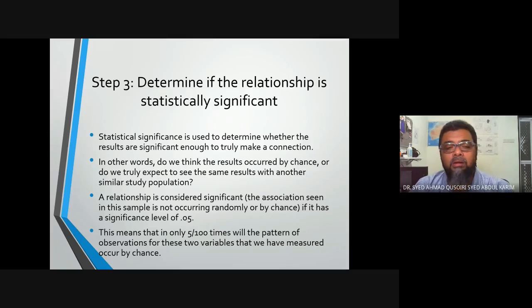So there's only about a 5% chance that what we have observed happens by coincidence. That is what it's trying to say by 0.05. Which means that 95%, if we repeat this survey in another population, there is a 95% chance that we would find similar results. And this happens because of the research itself. It does not happen because of chance.